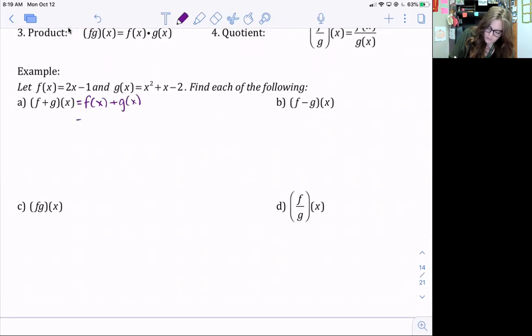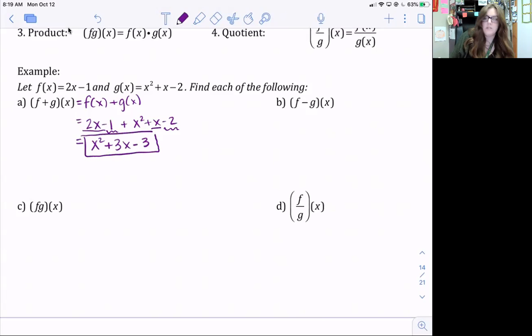So if we plug in what we know, we have 2x minus 1 plus x squared plus x minus 2. Combine like terms, and what we'd be left with is x squared. 2x plus x gives us 3x. And negative 1 minus 2 is negative 3. So x squared plus 3x minus 3 is our solution.